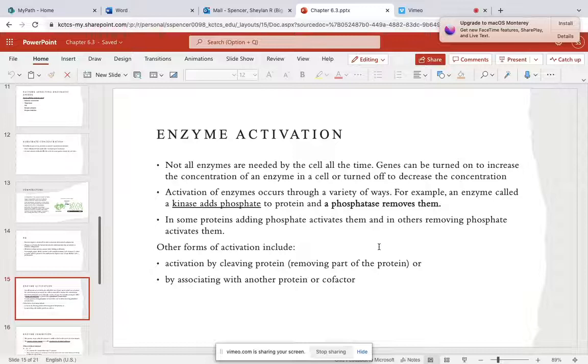Enzyme activation. Not all enzymes are needed by cells all the time. So we have genes that will upregulate or downregulate just depending on the need. There's something called alpha 1 antitrypsin deficiency. Alpha 1 antitrypsin is a protein that is responsible for inhibiting something called elastase, and elastase is responsible for breaking down elastin.